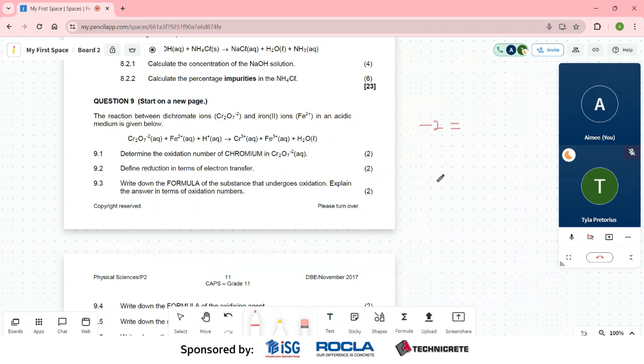And the charge on your oxygen ion is also -2.